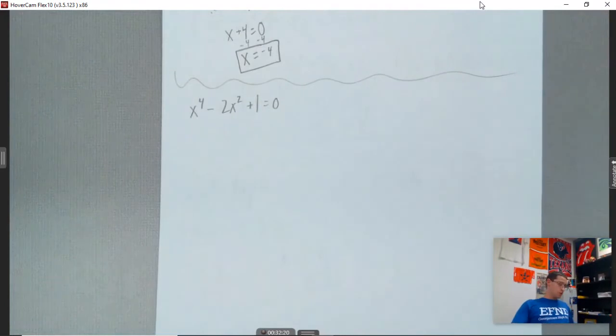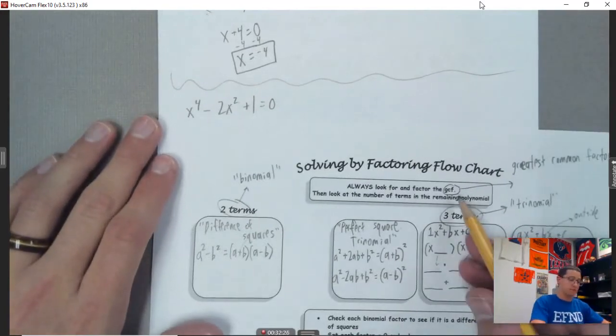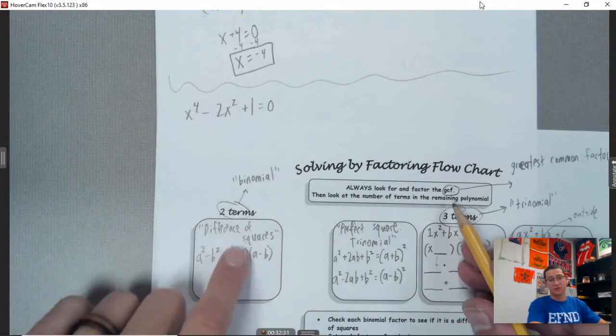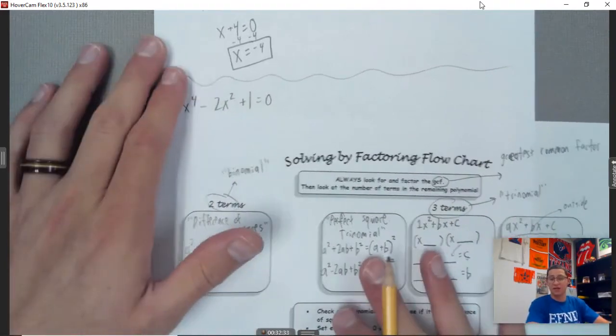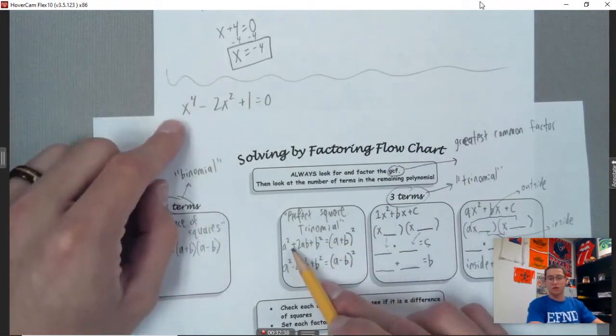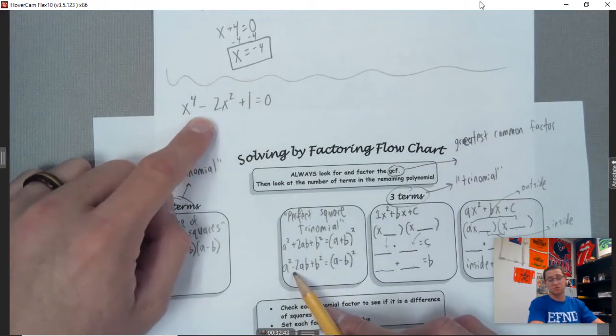I'm looking at this one and thinking about what form it is in. If we were to use our flow chart, GCF? No GCF because I have that constant. Difference of squares? Well, it's not two terms, so I'm not even looking at that. Three terms. Is it a perfect square trinomial? Well, it doesn't have the adding here, so it's not this one. It does have the subtracting here, so maybe it's that one.